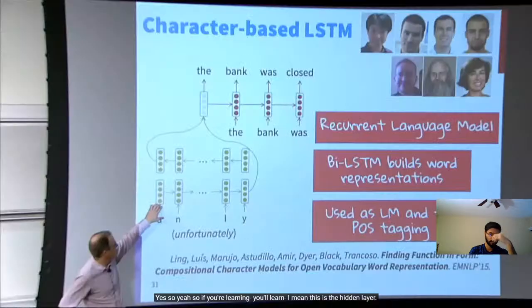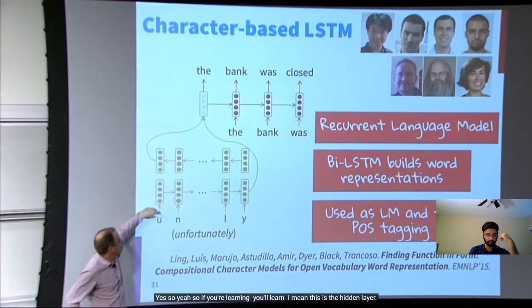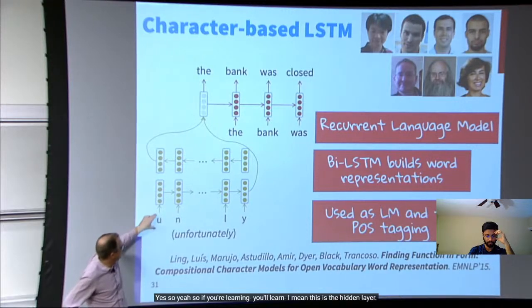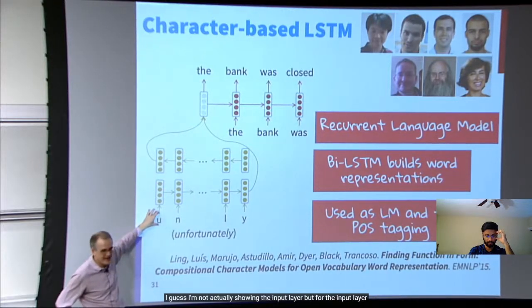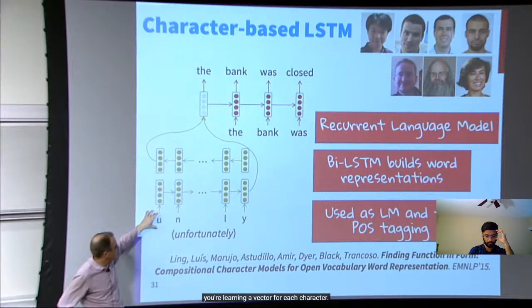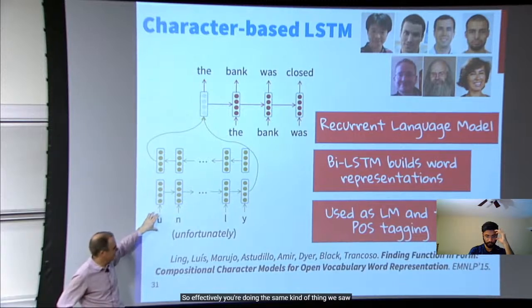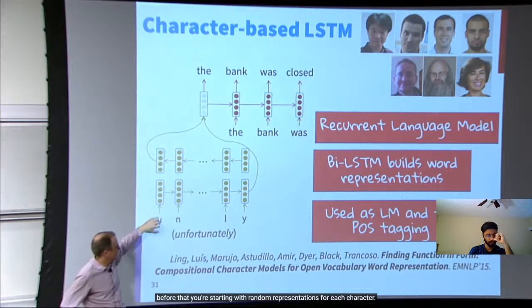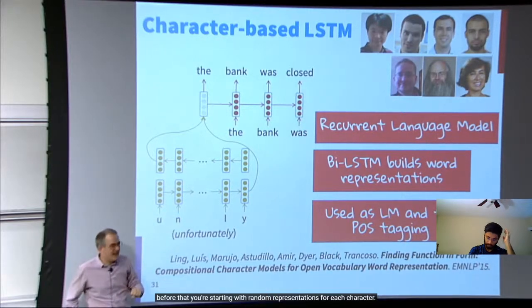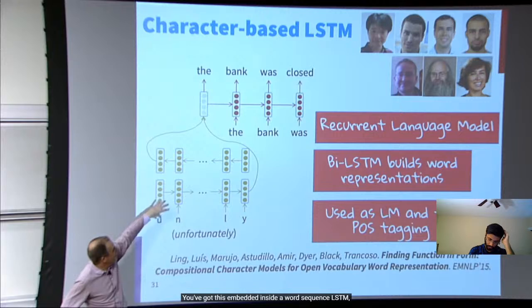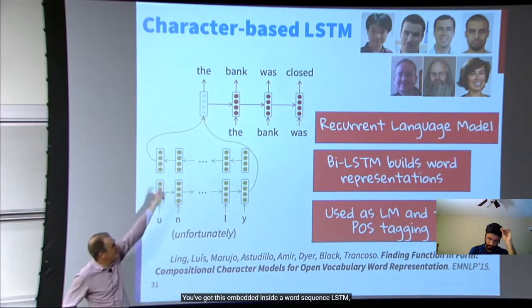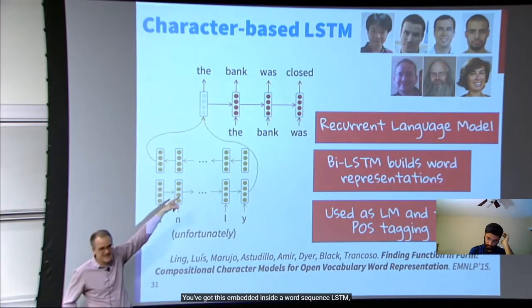Yes. So if you're learning, I mean, this is the hidden layer. I'm not actually showing the input layer, but for the input layer, you're learning a vector for each character. So effectively, you're doing the same kind of thing we saw before, that you're starting with random representations for each character. You've got this embedded inside a word sequence LSTM.